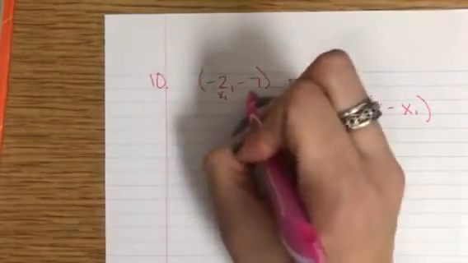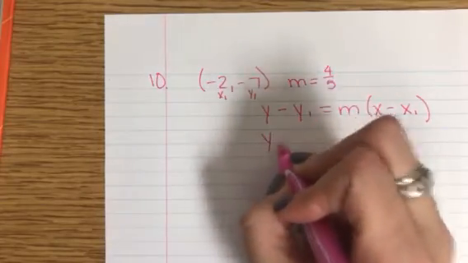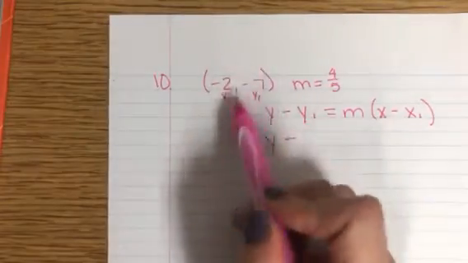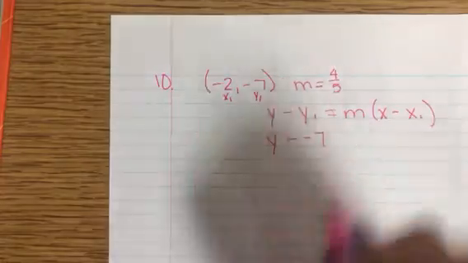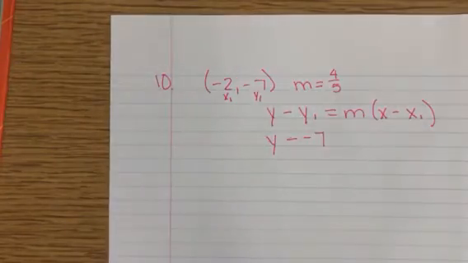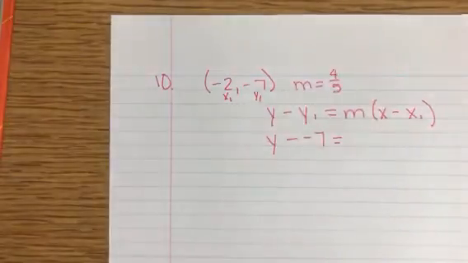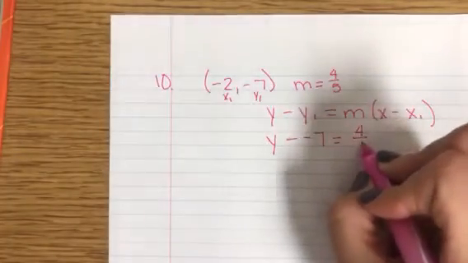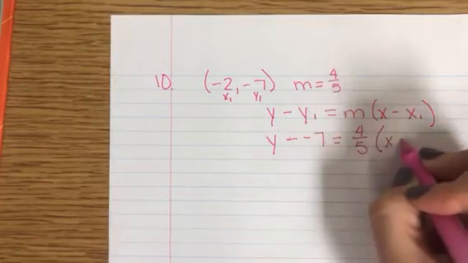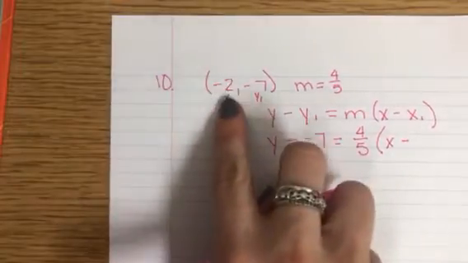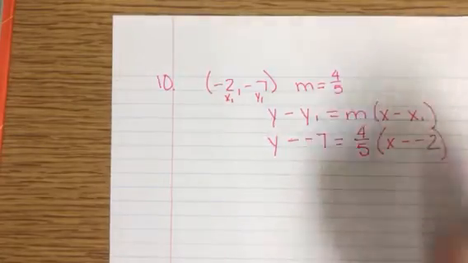And this is our x sub 1, y sub 1. So we'll have y minus our y1 is -7 equals m is 4/5 times x minus our x value is -2.